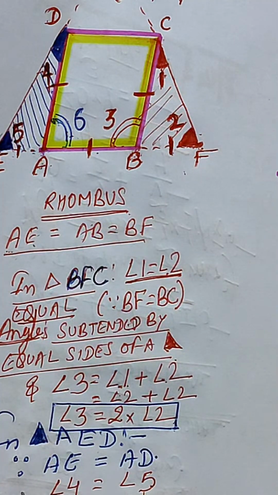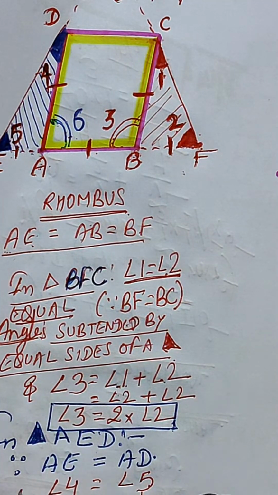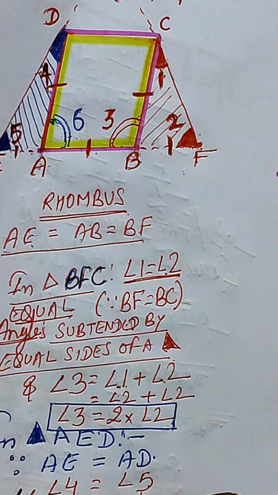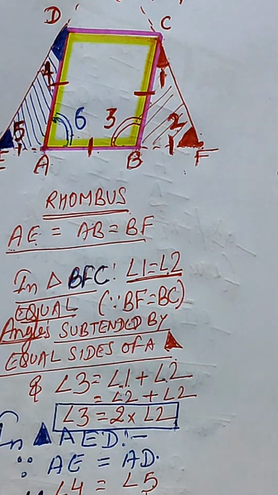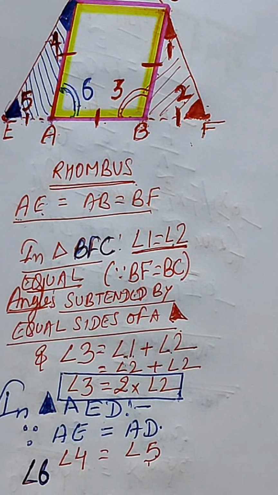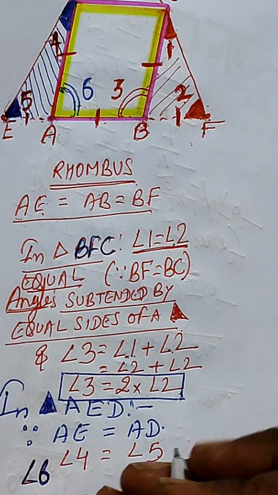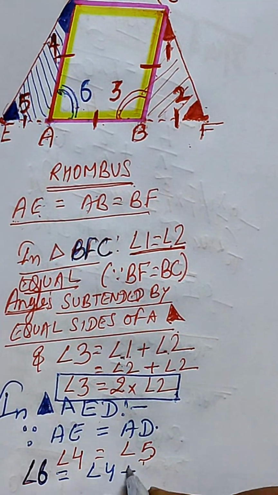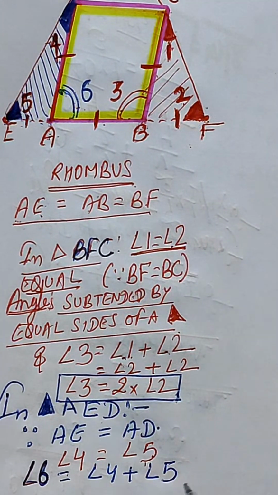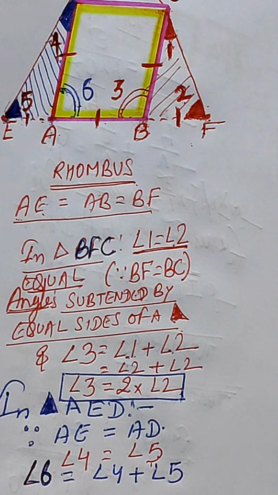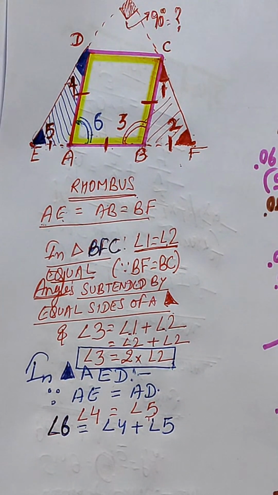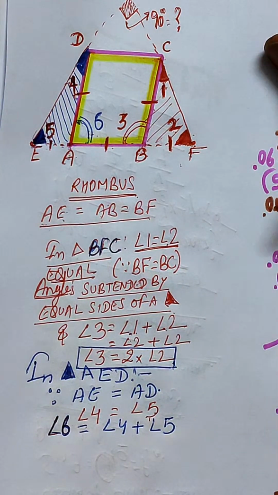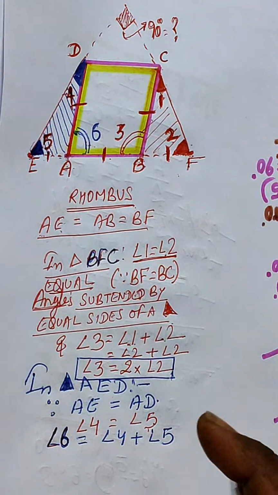So we can write angle 6 equal to angle 4 plus angle 5, right?